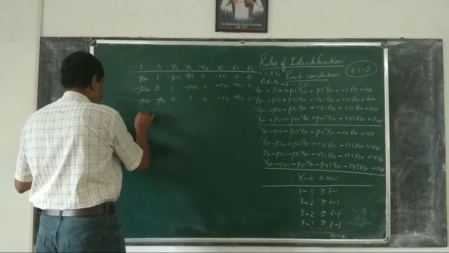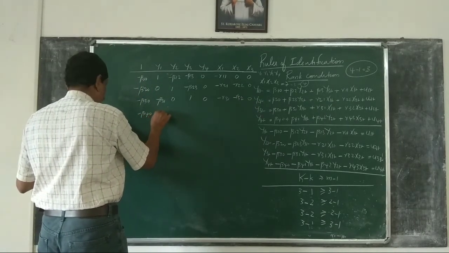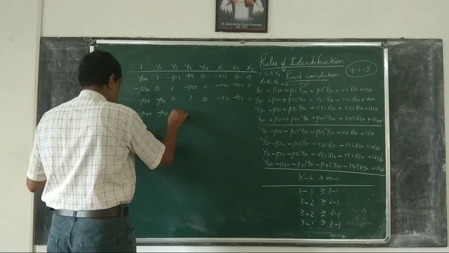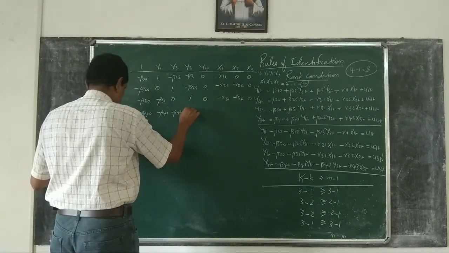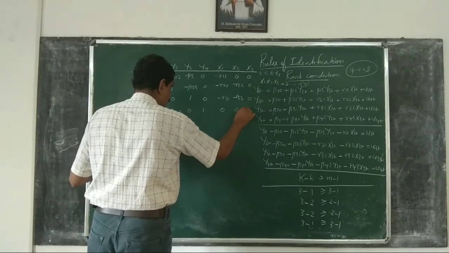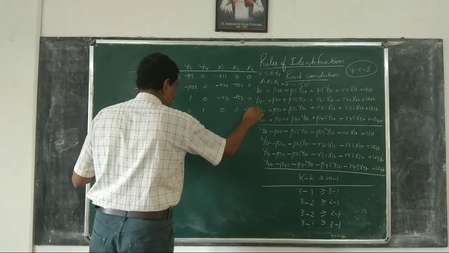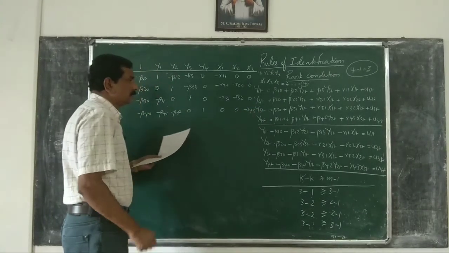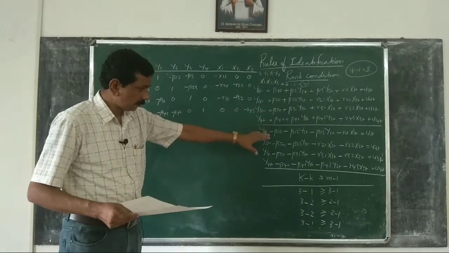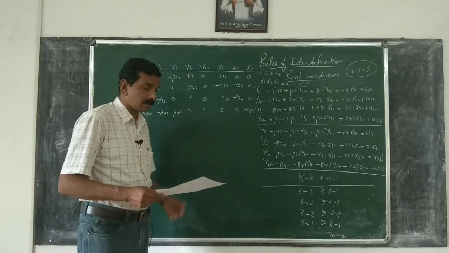Fourth equation: minus beta 40, minus beta 41, minus beta 42, 0, 1, 0, 0, minus gamma 43. This is the coefficient matrix of the variables in the simultaneous equation model.